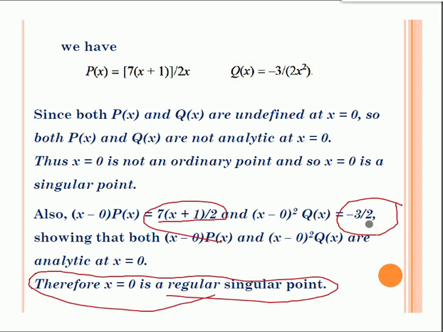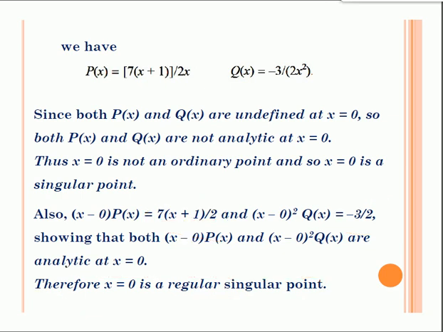This problem clearly explains how to find out whether the given point is an ordinary or singular point. If it is a singular point, then how to find whether it is an irregular singular point or otherwise a regular singular point. I hope it is clear. Whatever concepts I have explained, this example will clear everything.